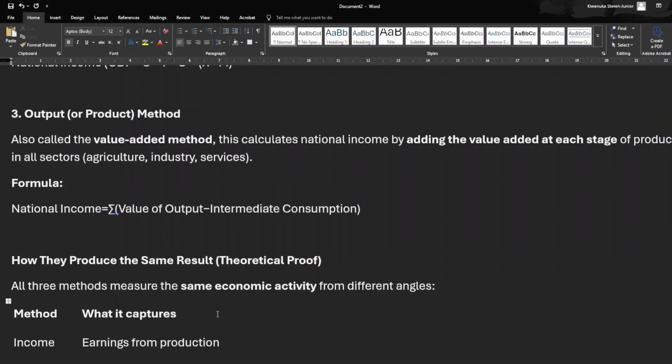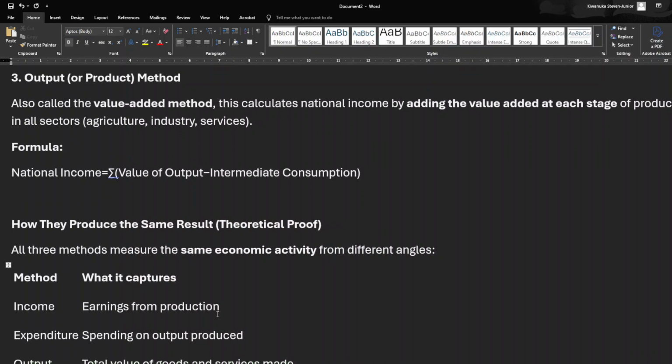We were asked to prove how they produce similar results. All the methods measure the same economic activity, just from different angles. The income approach looks at earning, but when you earn, you are going to spend that money.